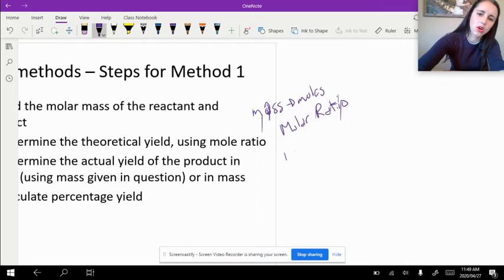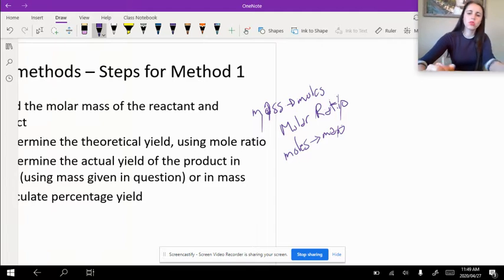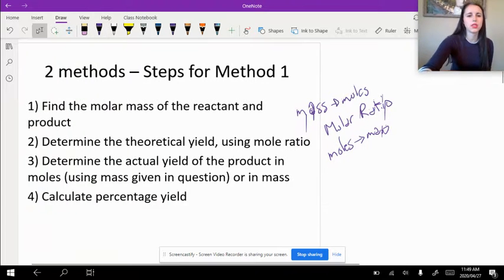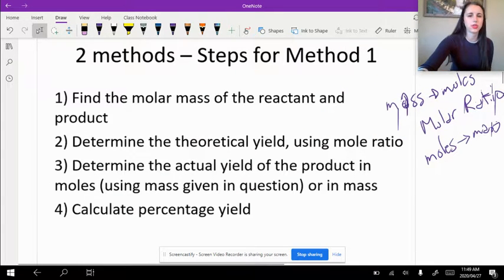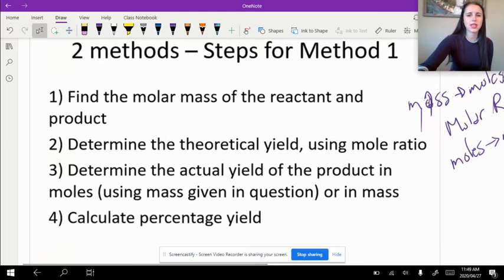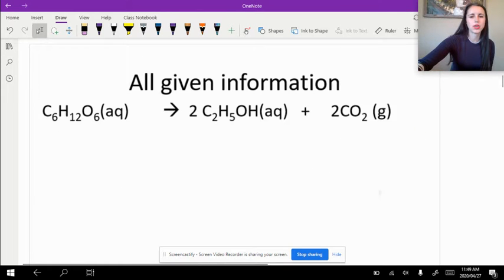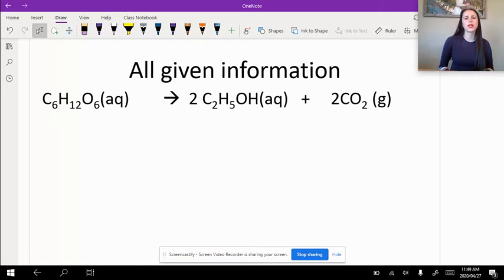And then we're going to go from our moles back to our mass. So those are always going to be our three steps. We're just going to be coming back to that mass to moles, molar ratio, moles to mass idea as we go through. So first thing we want to do is write down our given information.